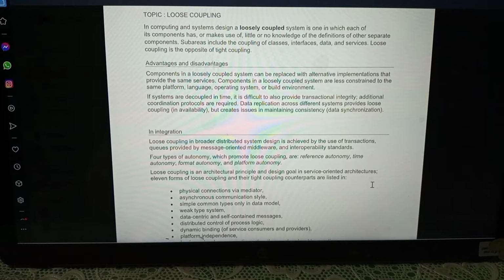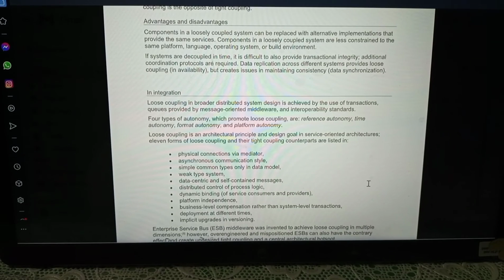Eleven forms of loose coupling and their tight coupling counterparts are listed. So, first is physical connections via mediator. Second is asynchronous communication style. Third, simple common types only in data model. Fourth, weak type system.